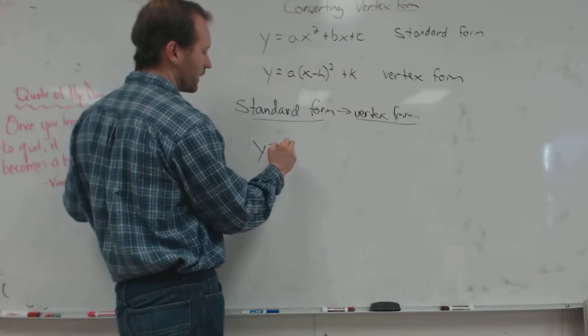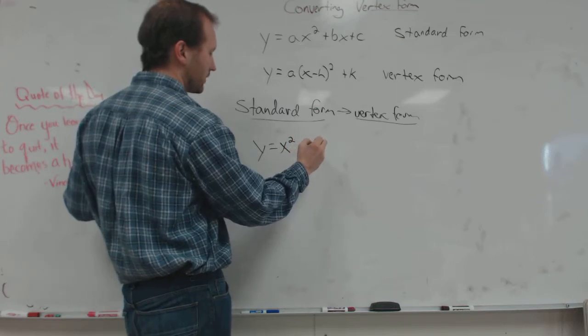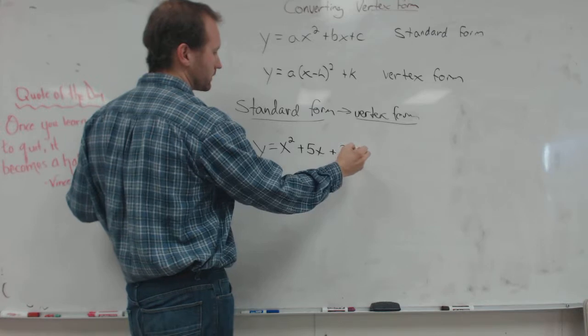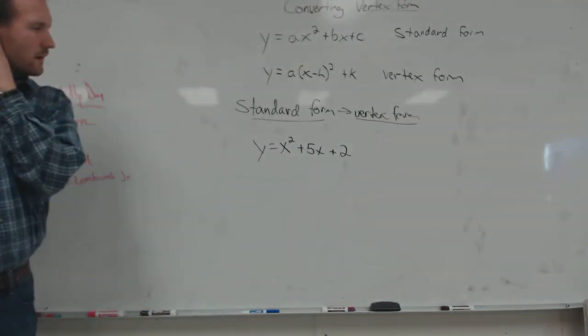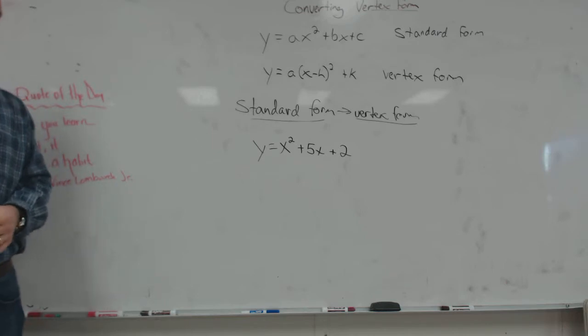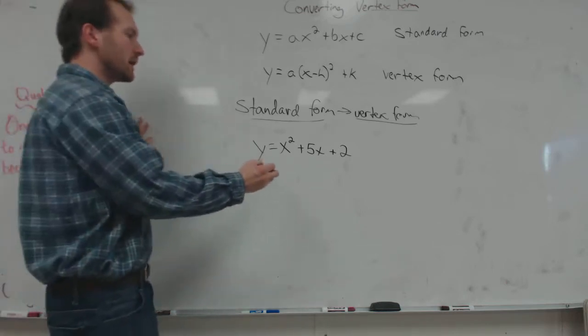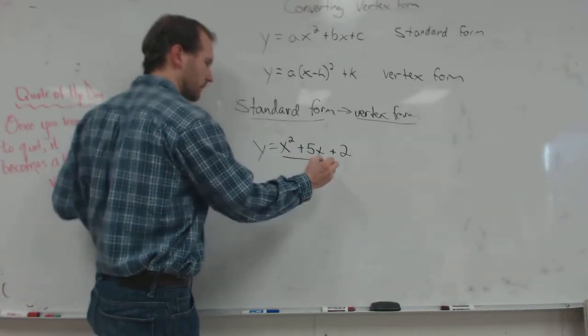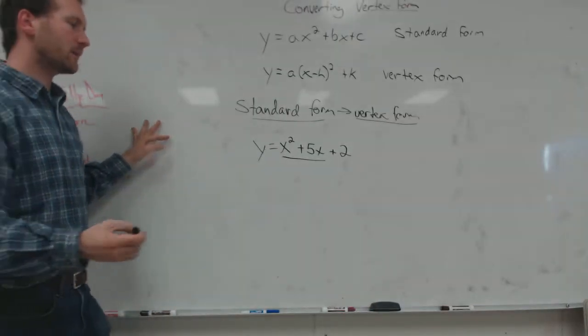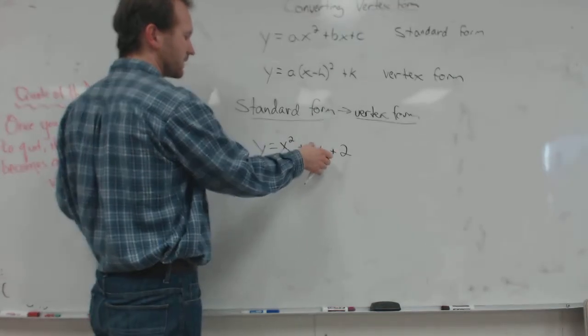So what if I have something like y equals x squared plus 5x plus 2? This can be a little bit tricky just in terms of the way that you write it. But what we're going to do is look at this, and complete the square with it. Let me change that actually, because 5 is not a very nice number.